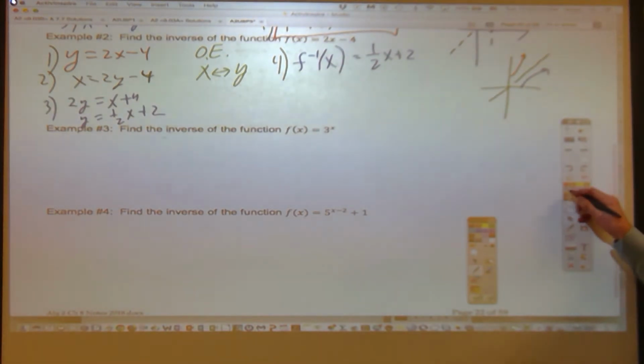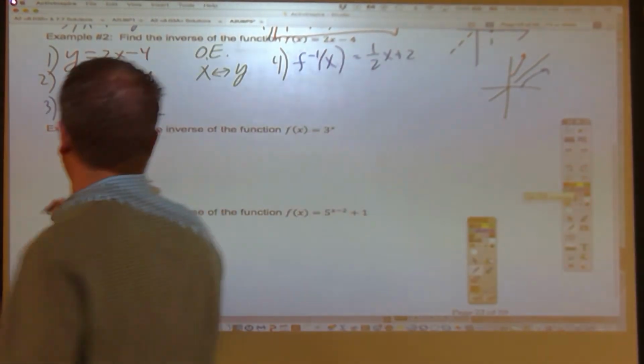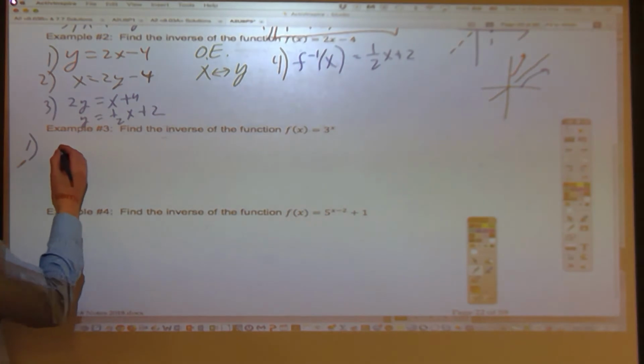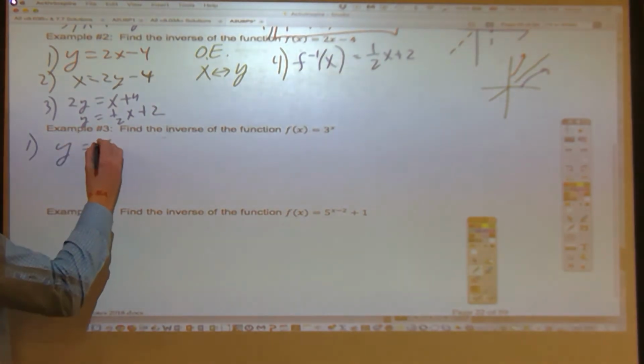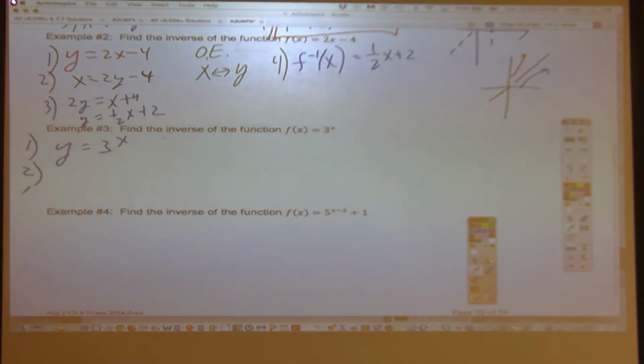In example 3, we got a chance to lean on the homework that was due today. So, what's line 1 of this inverse process going to be, Gerald? Y equals 3 to the x. Yep, that's replacing f of x with y. Next, we do the trade places routine.